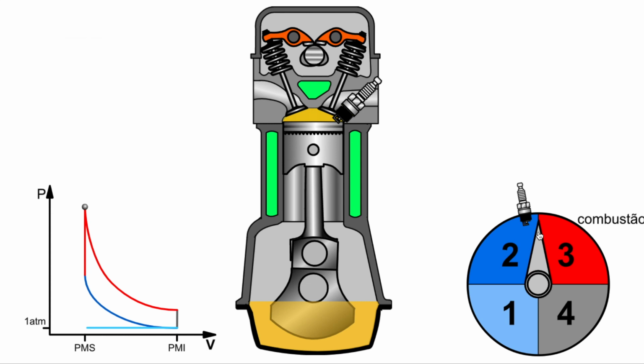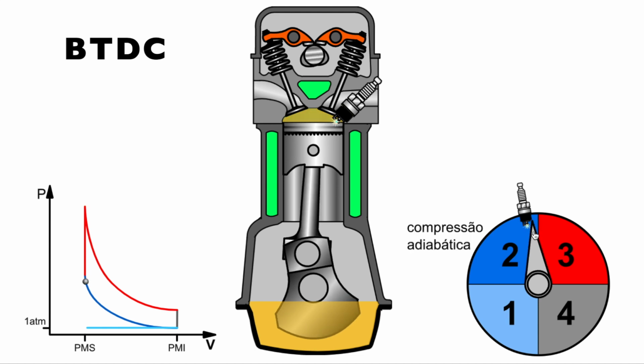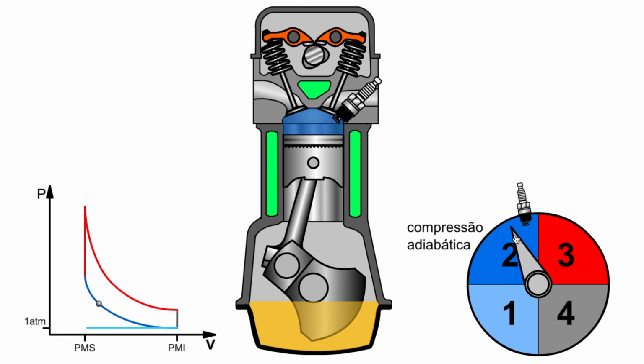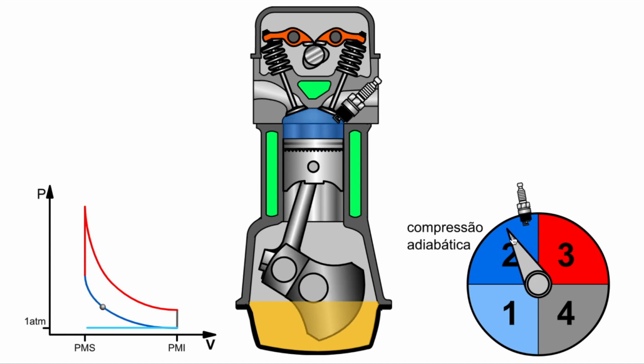If the spark plug fires before the piston reaches top dead center, or BTDC, that timing is measured in positive degrees. So if the spark plug fired here, for example, where the crankshaft still needs to rotate another 30 or so degrees to reach top dead center, then your timing would be described as 30 degrees.